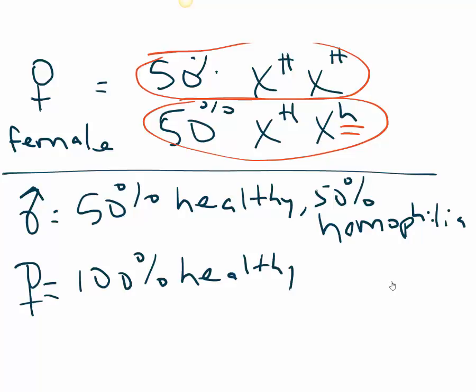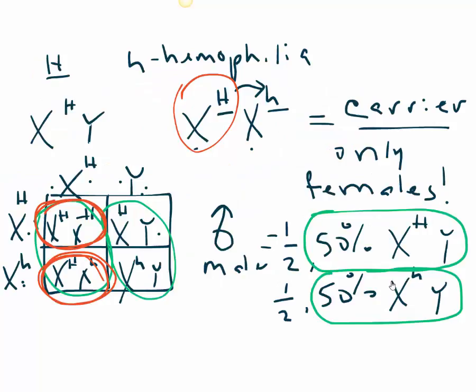So the question at the bottom of that first example on page 4 says, considering all the offspring, what is the probability that an affected child will be produced of all the offspring? So in looking at all the offspring here, which one of these represents an affected child? Well, here we see a normal allele, normal allele, normal allele. Here's the group that has the small h, which means disease.